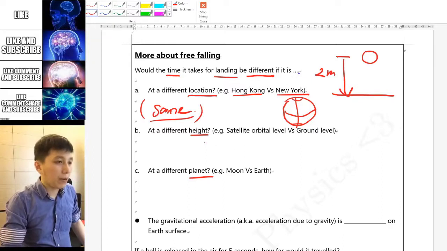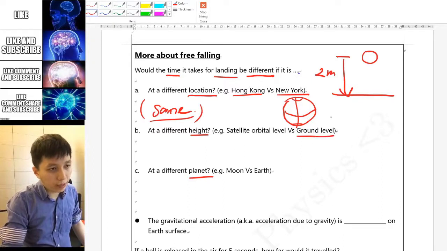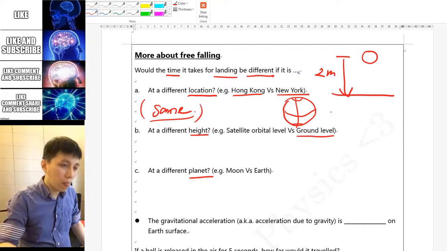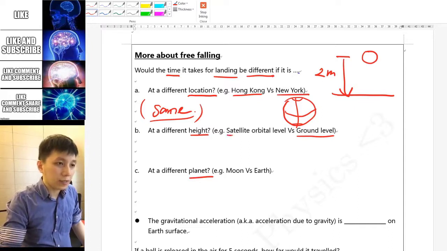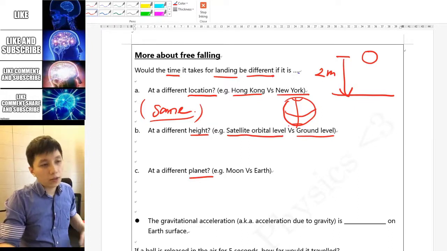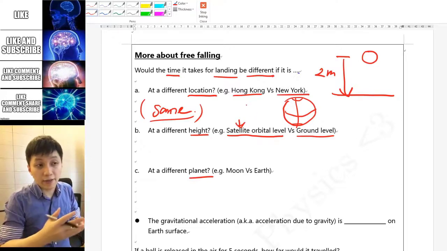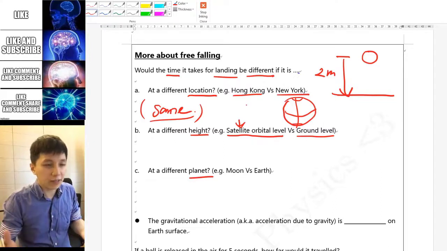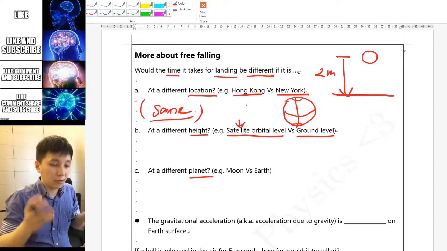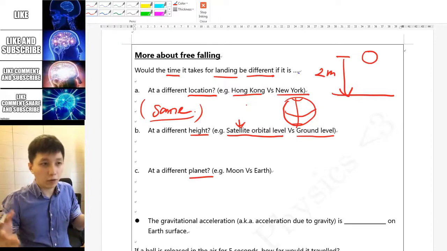Part B, about different heights. So for example, the ground level, or you can call it the sea level, versus the satellite orbital level. Some people would tell me, would that mean outer space? And in outer space, there's no gravity. So of course it would be different because it takes infinite time if there's no gravity.